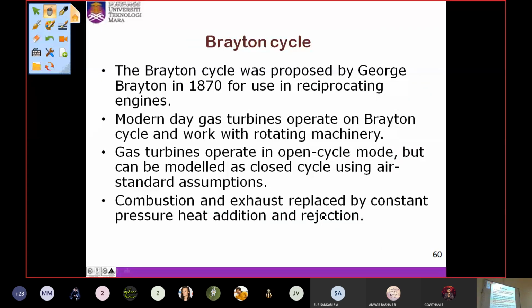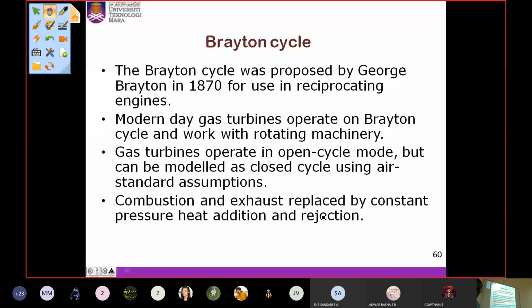We have to see the Brayton cycle in the next class, that is not today, not tomorrow. Tomorrow we have Viva. Are you prepared for the Viva presentation?